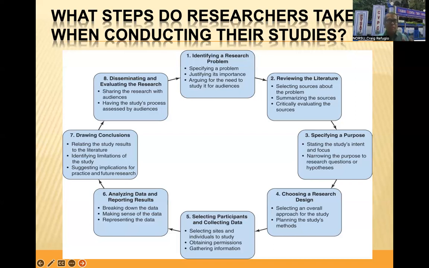So when you look at the difference between a 5-chapter thesis and a 3-chapter thesis, the difference is actually in the numbering, but the contents are the same. In the 5-chapter version, we have chapter 1, the problem and its scope; chapter 2, review of related literature; chapter 3, research methodology.